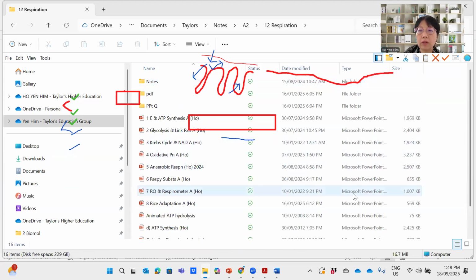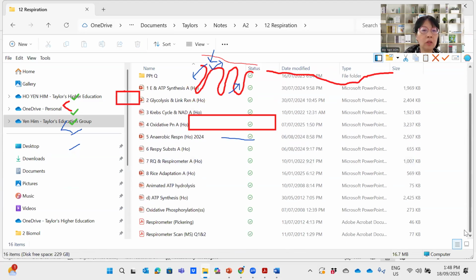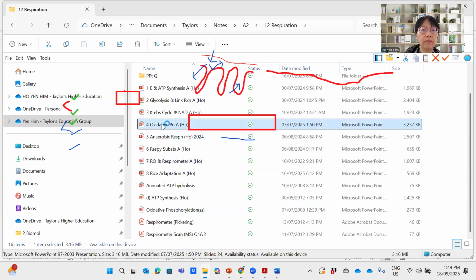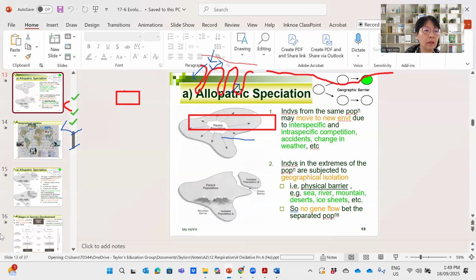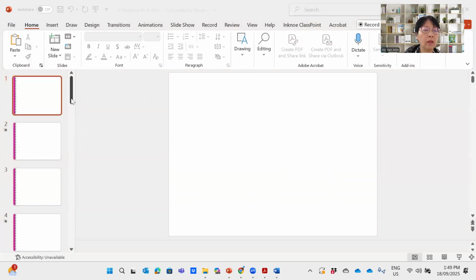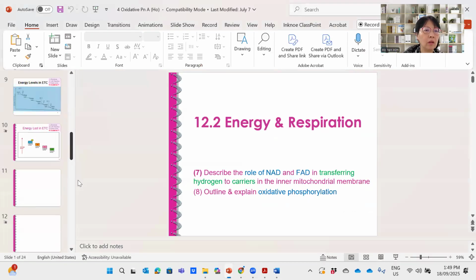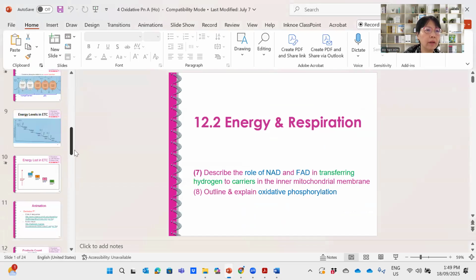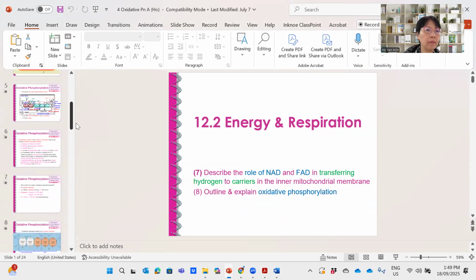So we have to look at oxidative phosphorylation. Okay, this one? Here, this one. Okay, here, right?